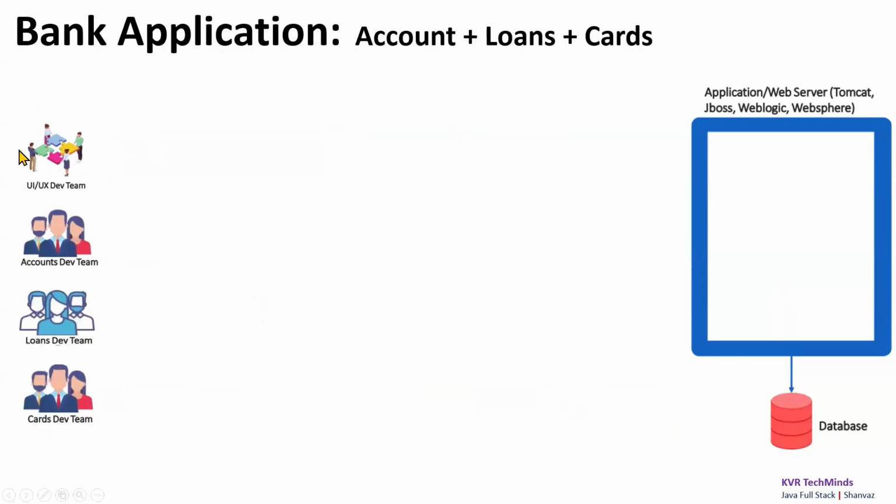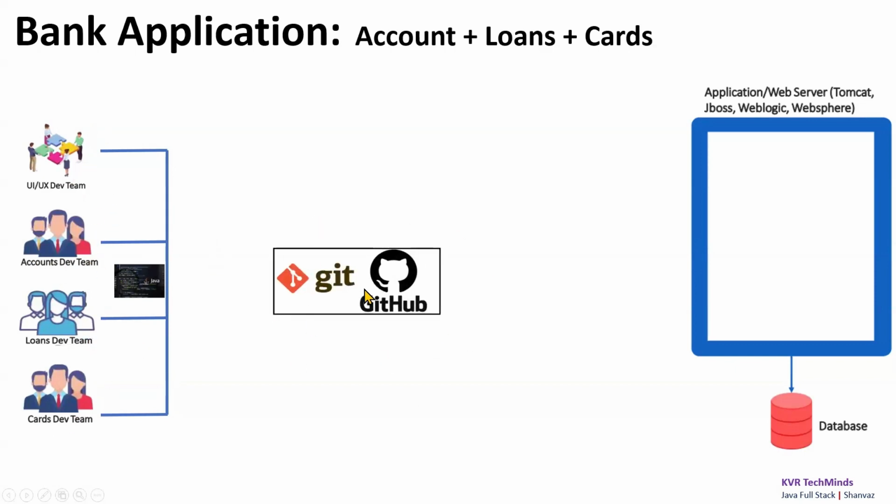When different teams develop the code, they have to maintain the code in one place. You wrote some Java code, and this team has written, that team has written. How do they exchange this code between different teams? How is this team going to give this code to other teams? For that, we need a tool called Git.